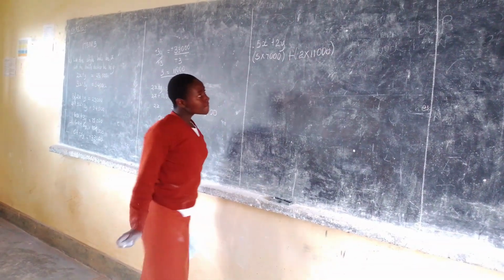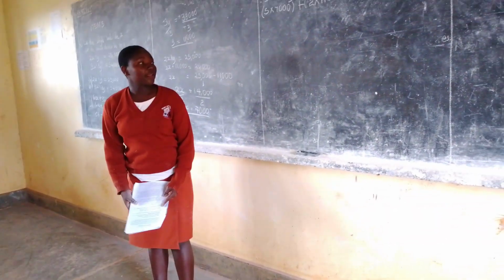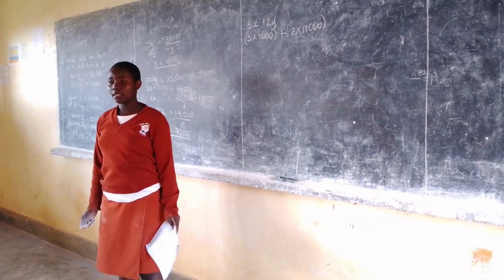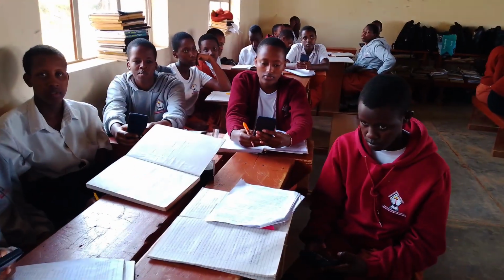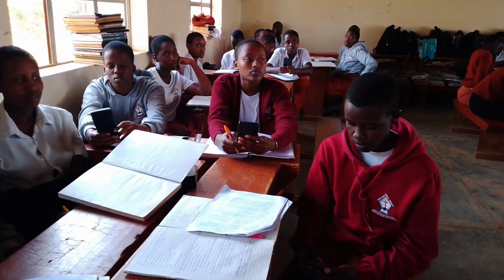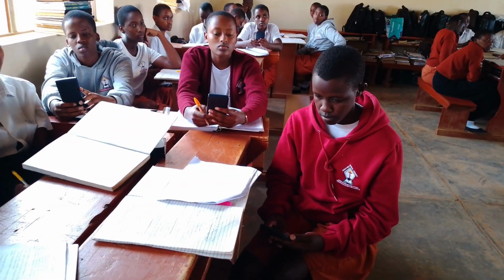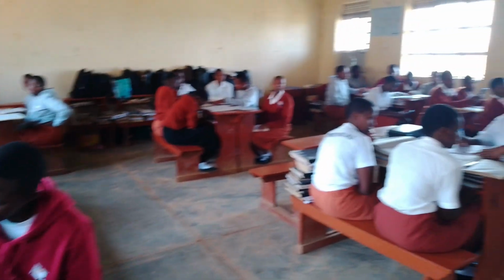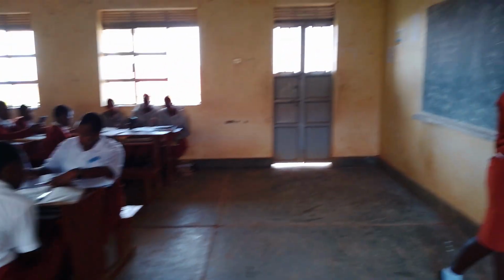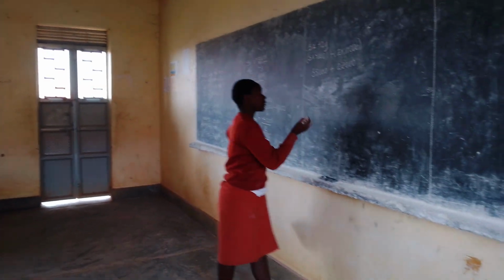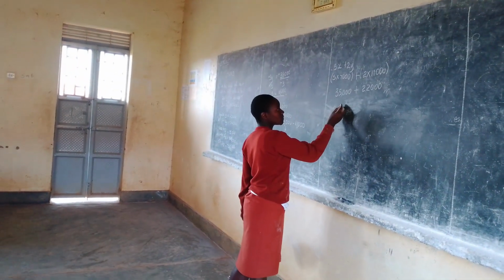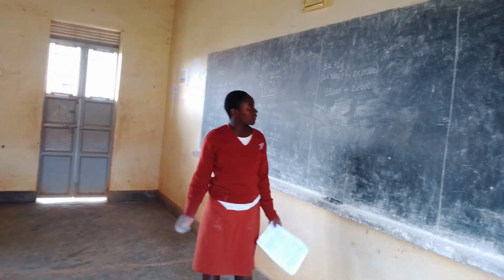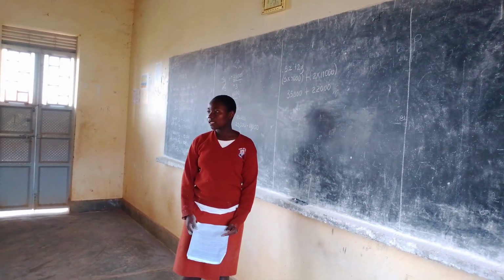What is 5 times 7,000? 35,000. What is 2 times 11,000? 22,000. What is 35,000 plus 22,000? 57,000.